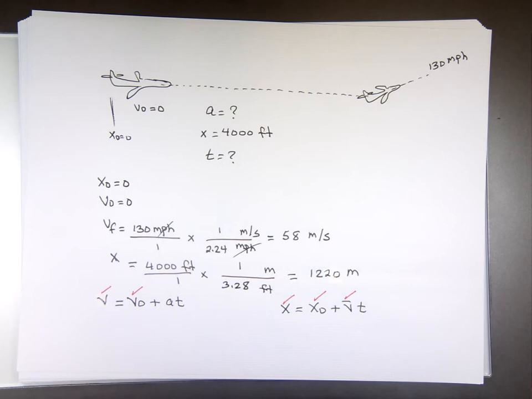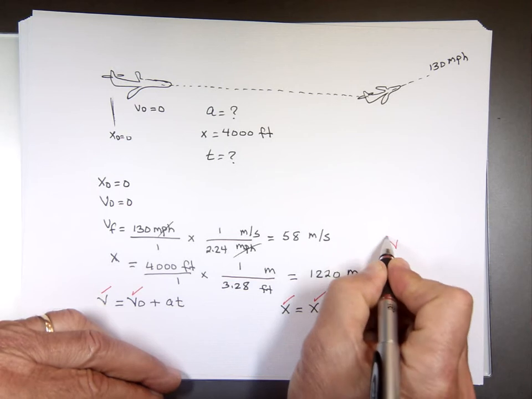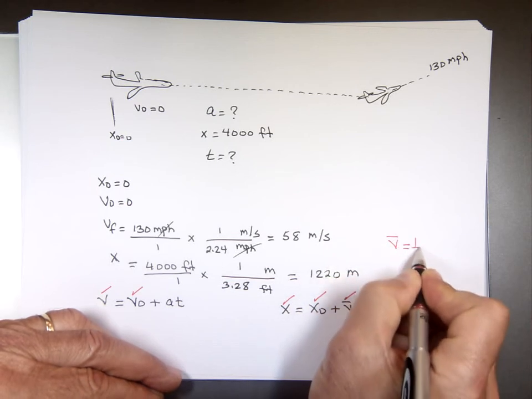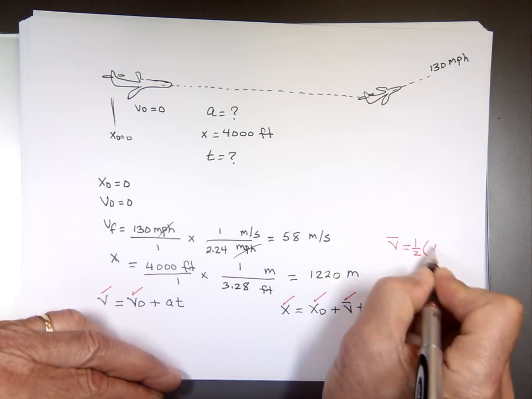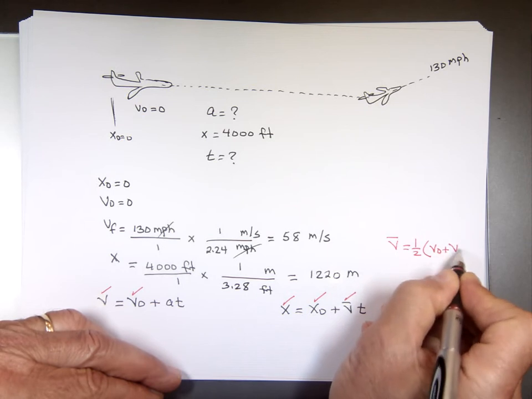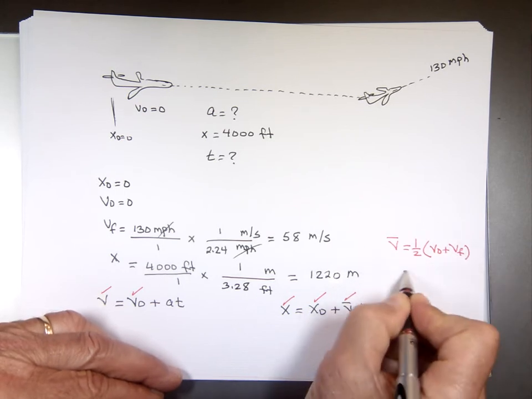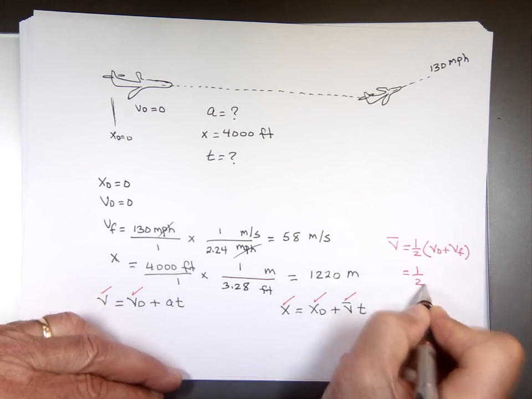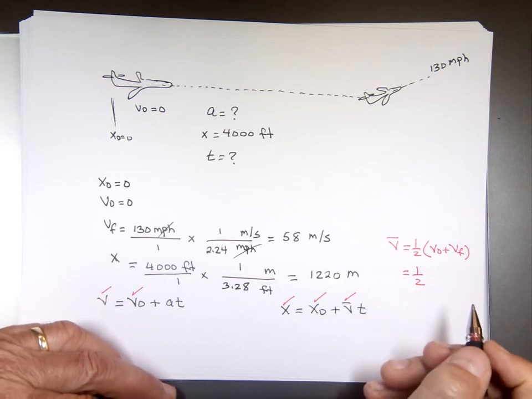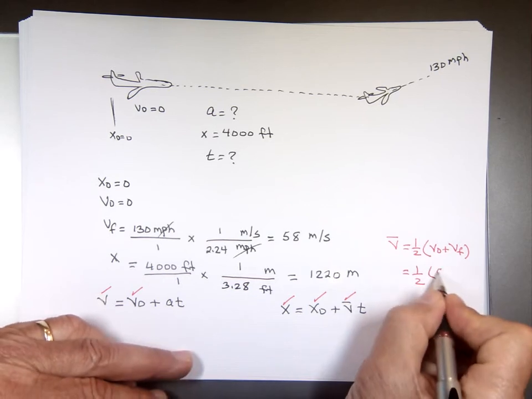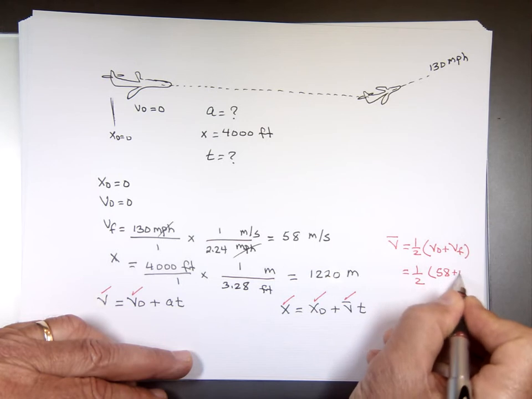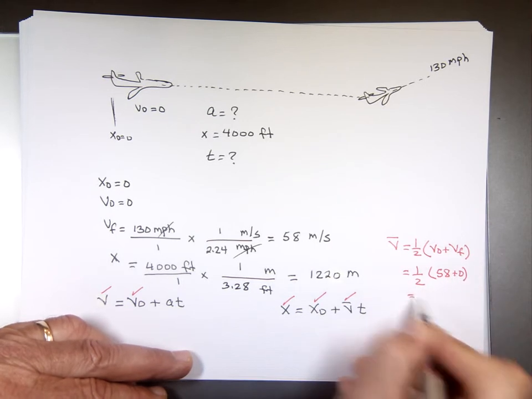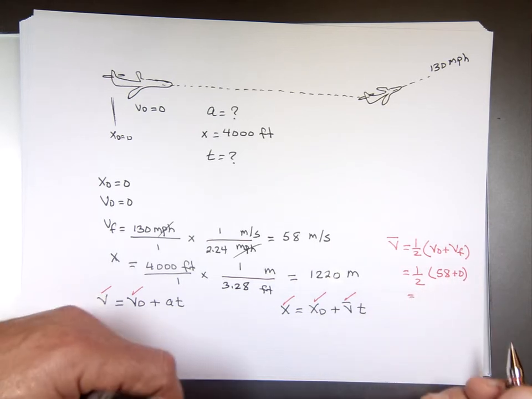Now let me find first V average. V average is 1/2 times V final plus V initial, doesn't matter which one you write first. 1/2 of 58 plus 0. Is that 29?